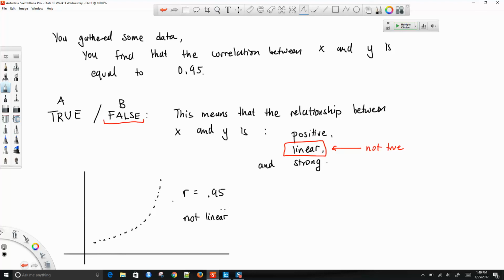Correlation can be calculated for any data set where you've got a numeric x and a numeric y. You just plug it into a formula and it will spit out a value. But it doesn't necessarily mean that the relationship is linear. So this is a possibility.